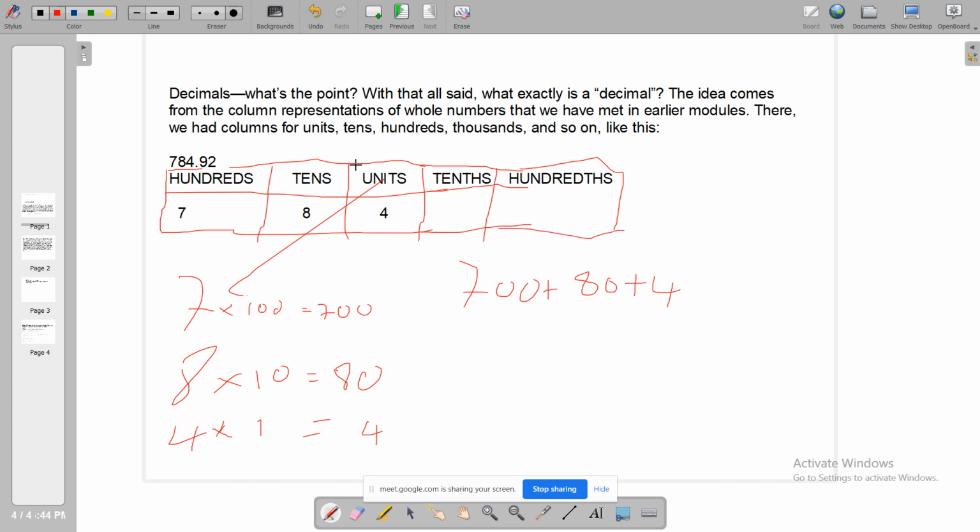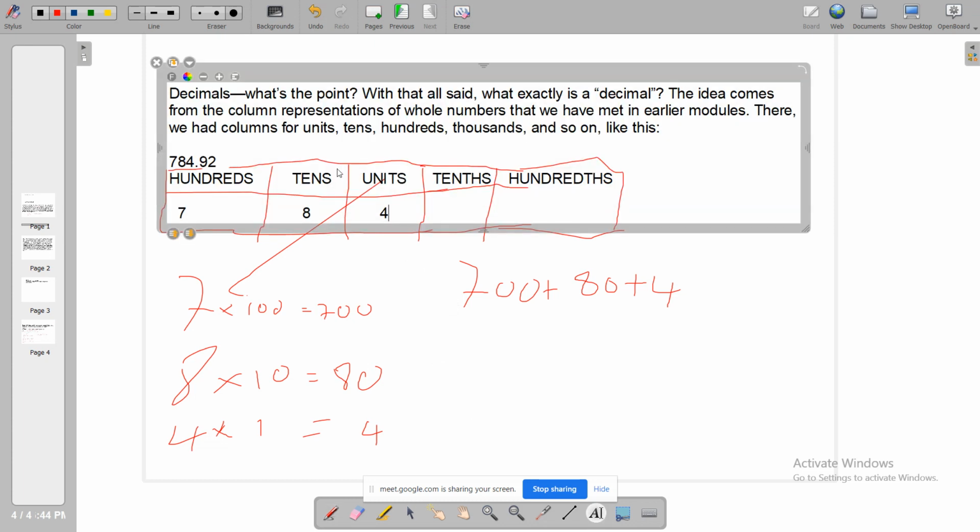So now the position of these numbers will actually change. So this one here, what is there is what? 9, and then what is here?